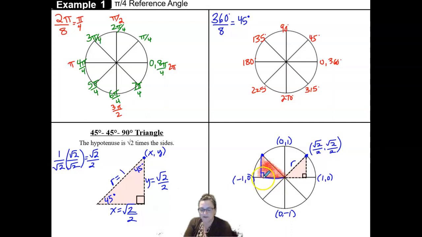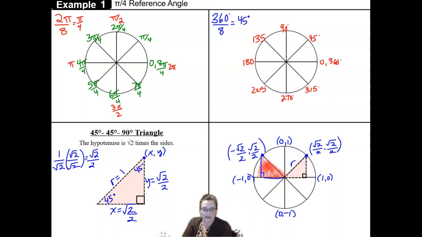It's still x units, but it's to the left of the origin instead of the right of the origin. So the y stays the same, but the x is going to be negative because we're to the left of the origin. So this ordered pair is negative root 2 over 2, comma, root 2 over 2.